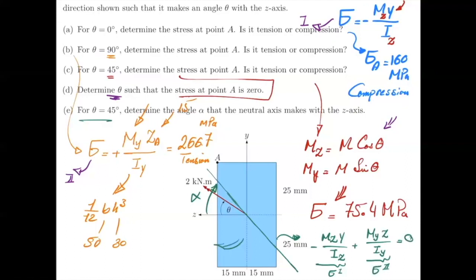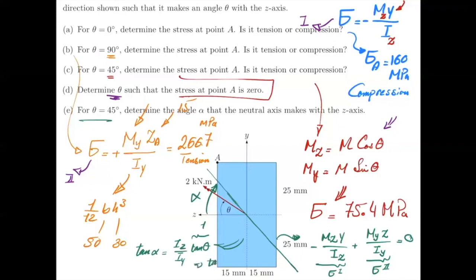Also you may remember tangent alpha was Iz divided by Iy tangent theta. So if theta is 45 degrees, tangent theta is simply 1. And then basically tangent alpha would be Iz over Iy.